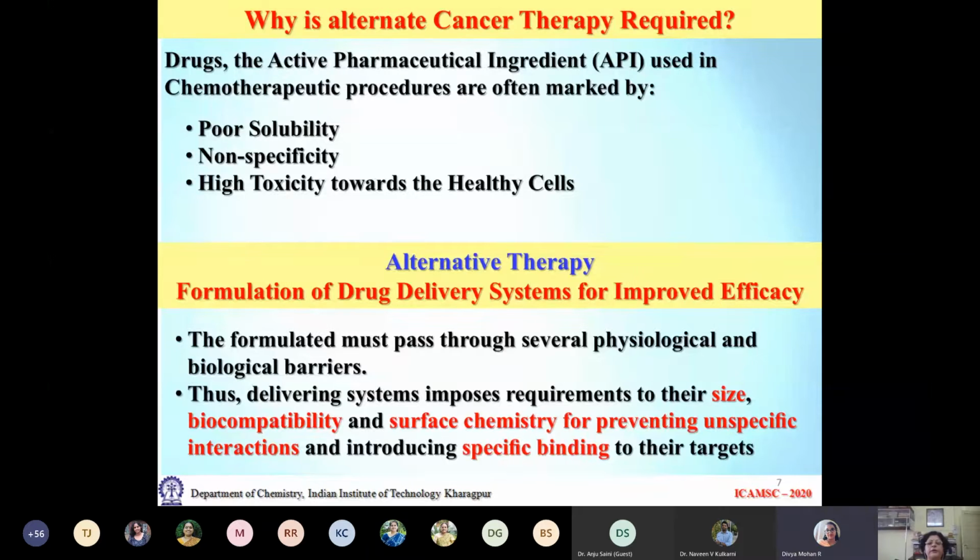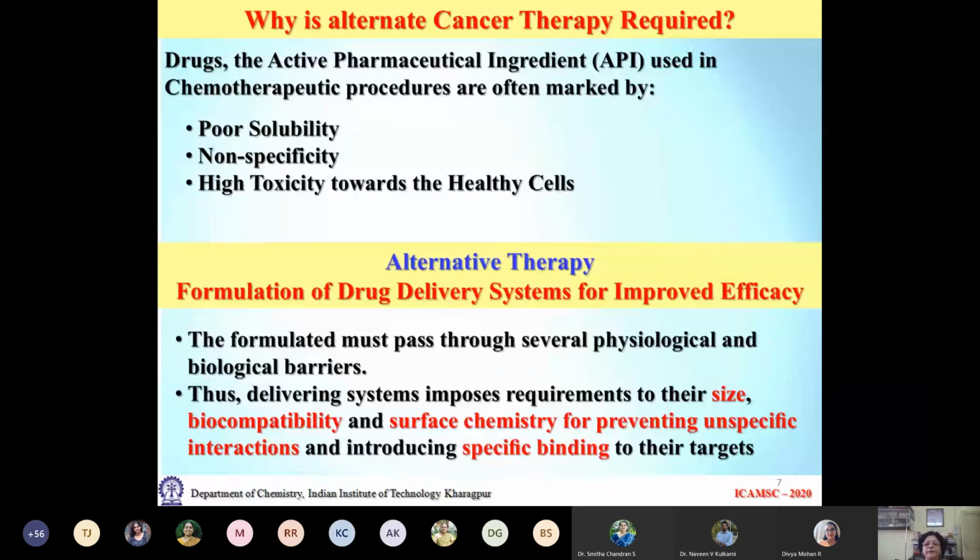Okay. So the formulation must pass through various physiological and biological barriers. So they have to be armed with certain parameters. And what are these parameters they should be armed with? First, we should have the material to be biocompatible. They should have size compatibility. They should pass through the physiological and biological barriers.